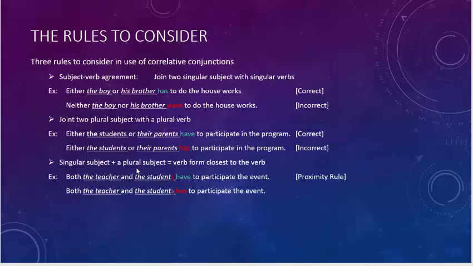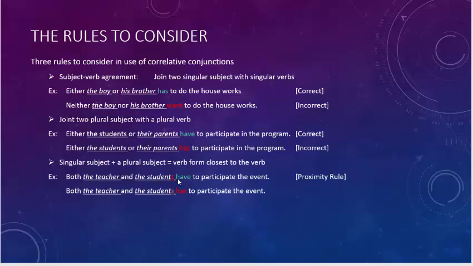A singular subject plus a plural subject: the verb form is based on the subject closest to the verb. You may have information about the proximity rule. The proximity rule states that the verb should be formed based on the closest subject to the verb of the sentence. In this sentence, both the teacher and the students, there are two subjects, the teacher and the students. The closest subject to the verb of the sentence is the students, and this is in plural form.